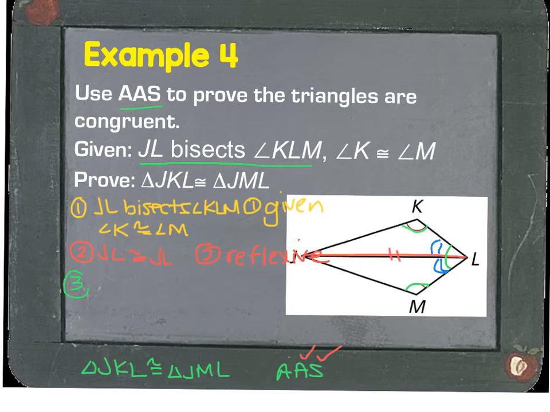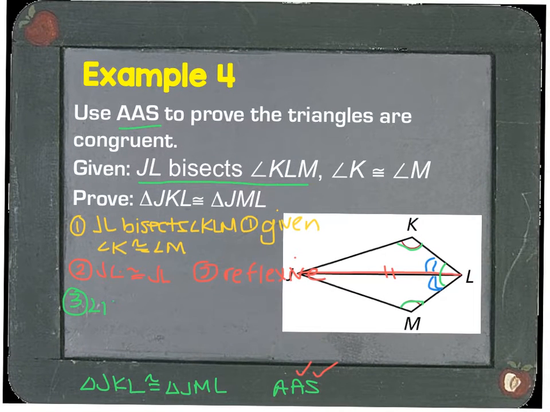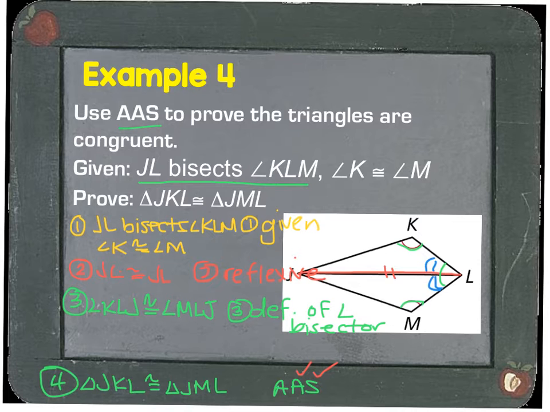So angle KLJ is congruent to angle MLJ, and the reason is the definition of an angle bisector. Now I have enough information to go to step 4, which is that the triangles are congruent based on angle, angle, side.